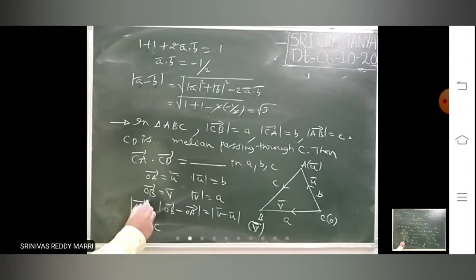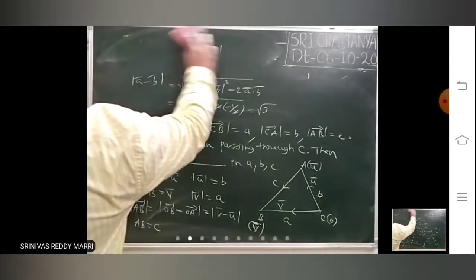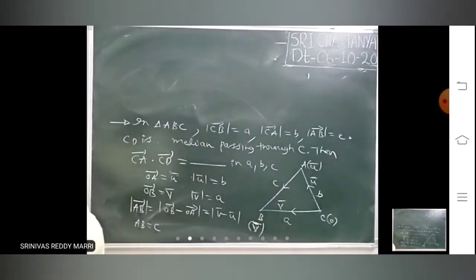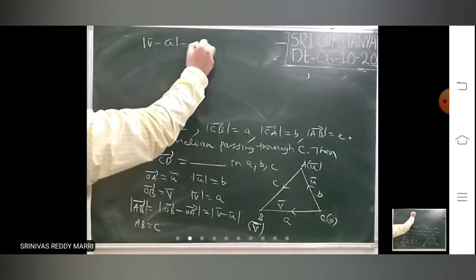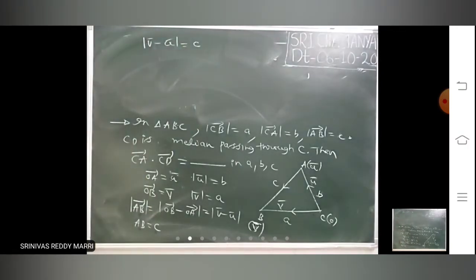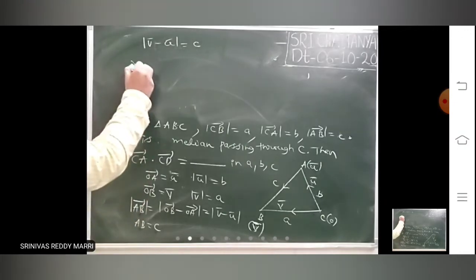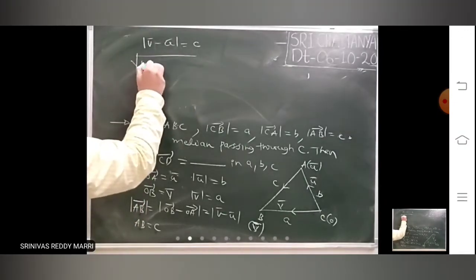Modulus AB bar is nothing but modulus of OB bar minus OA bar, which is c, given. So now what is the formula for this?